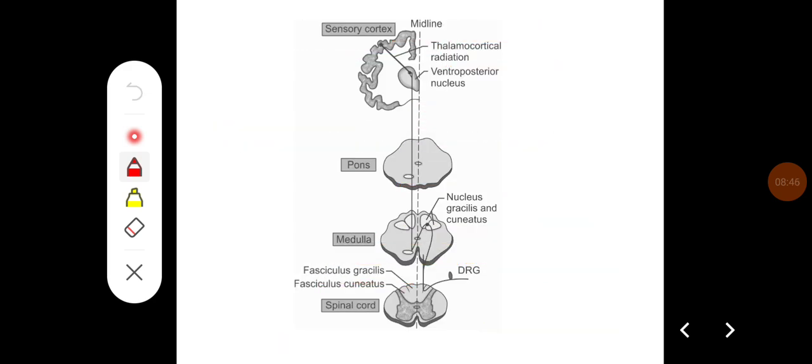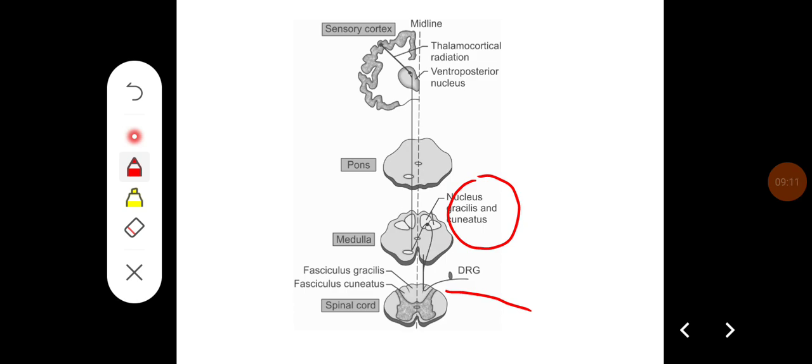This is the diagram showing the dorsal column tract, where all the afferent fibers from different parts of the body enter the nucleus gracilis and nucleus cuneatus without crossing in the spinal cord, to reach the medulla.